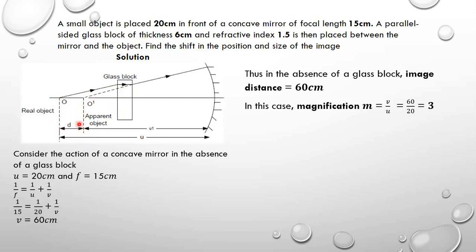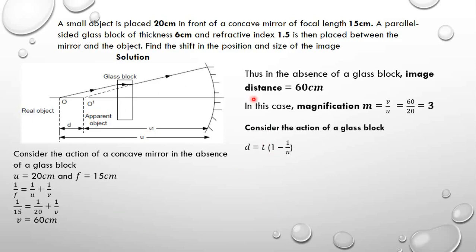So we need to get the displacement d so that we can get a new position of the object at O prime. If you apply the formula for displacement, d = t(1 - 1/n). So that's the formula for displacement.